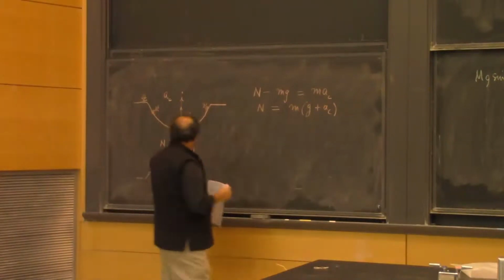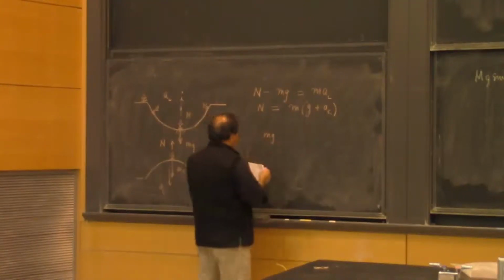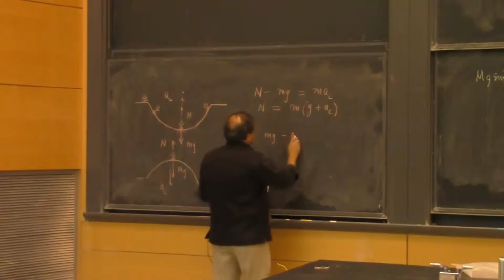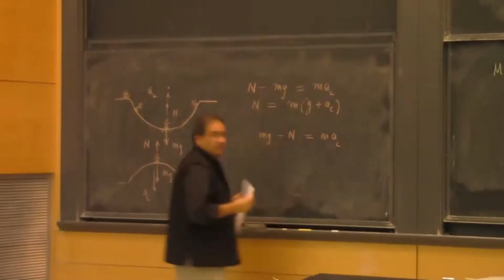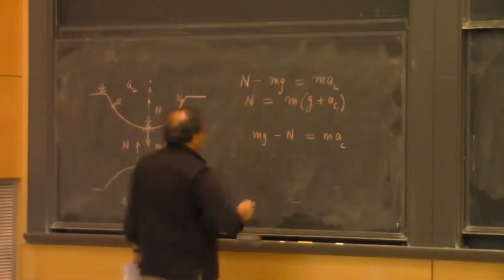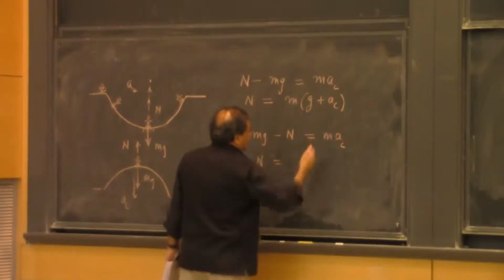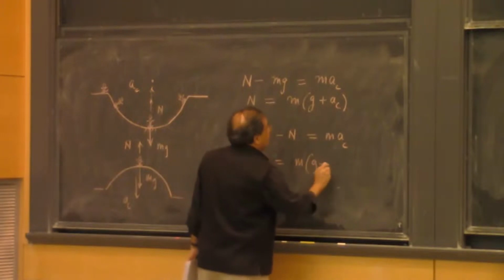So now what you'll have is mg minus N, and the downward net force would be the centripetal acceleration. So mg minus N is m a_c, and therefore the normal force that you feel is, if I take the term to the right, bring that to the left, and rewrite it, m times g minus a_c.